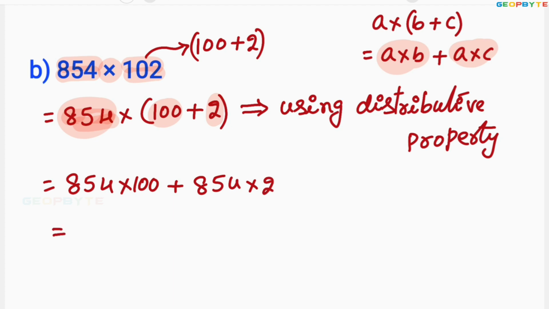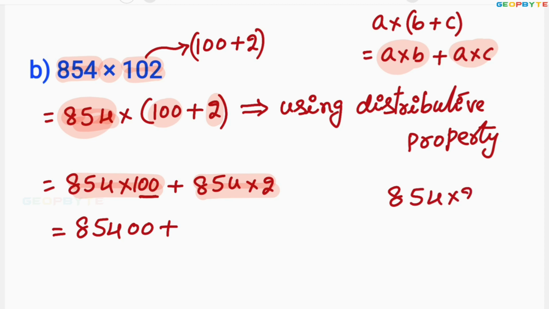It is equal to 854 into 100. First write the 854 as it is. After that keep these two zeros, plus 854 into 2. Let us do that part.